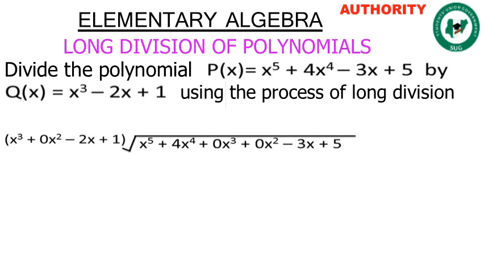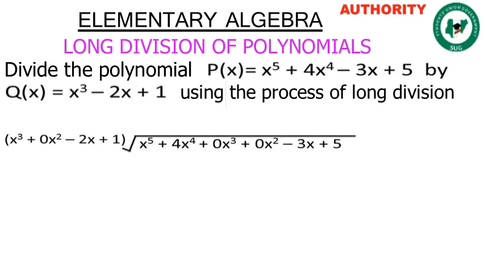So also when you are solving any problem with a missing term, that is how you're going to do it. Okay, now in the position of our dividend, we are going to have x raised to power 5 plus 4x raised to power 4 plus 0x cubed plus 0x squared minus 3x plus 5. You discover that x cubed and x squared are missing, so we write it like this.